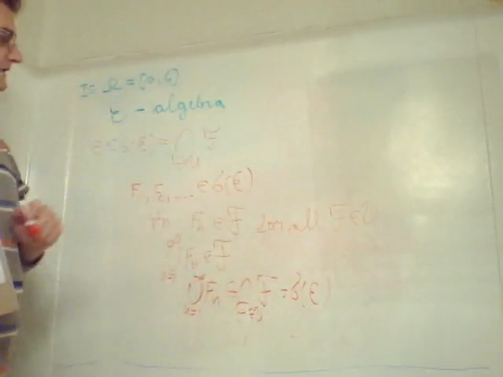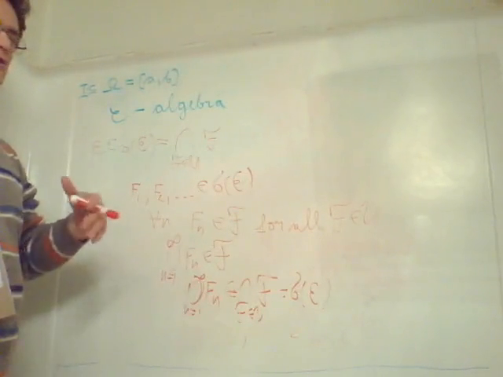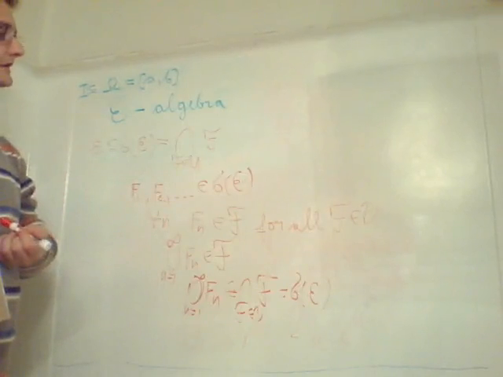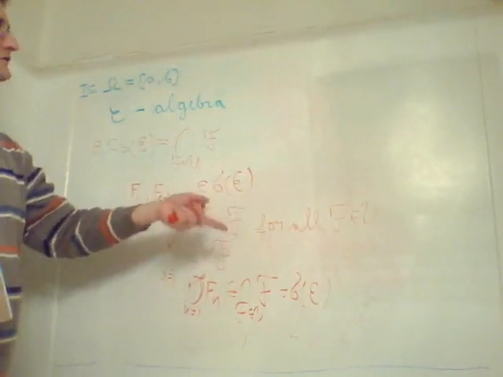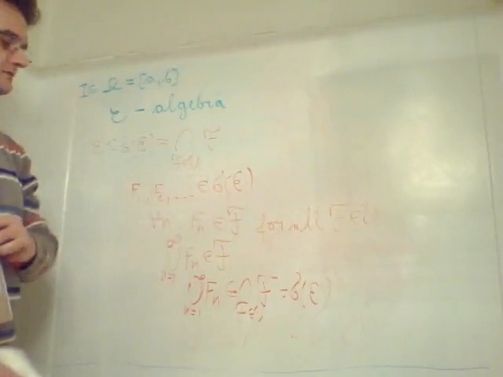And a couple of minutes ago we used the closure under complementation of each sigma field F to show closure under complementation of the sigma field sigma of E.